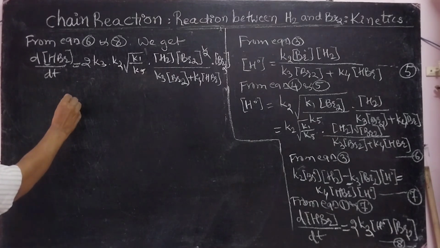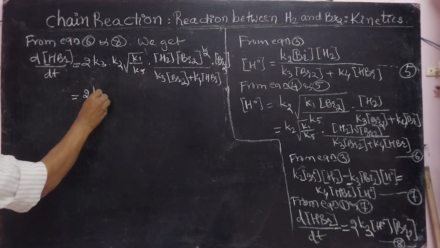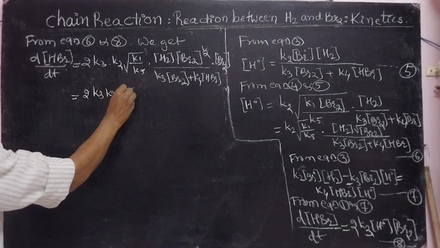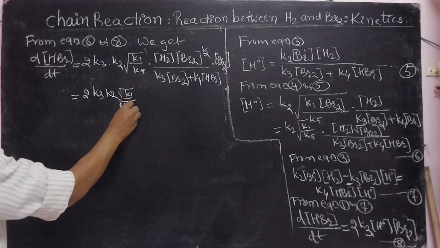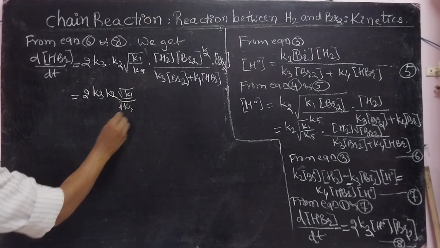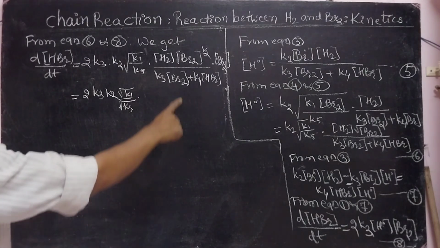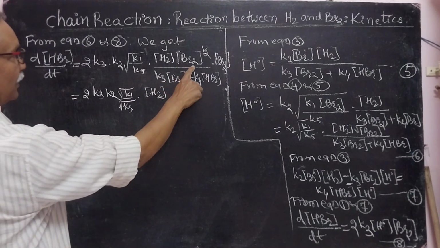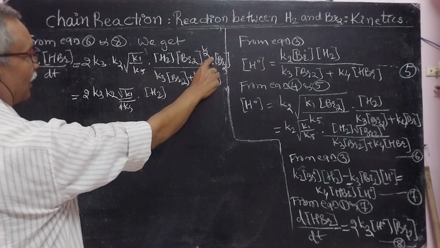Then totally this is equal to 2 K3 K2 root K1 root K5, then H2 as it is, and Br2 raised to half.